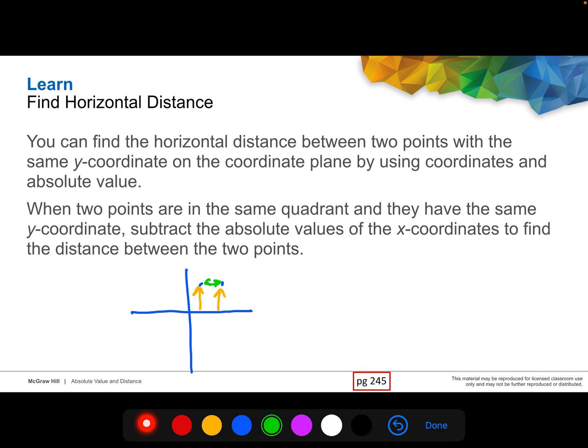Let's say these 2 points are in the first quadrant. The absolute value of this is some particular value, and the absolute value of this would be another value. The distance between these 2 points is the difference of these two absolute values.